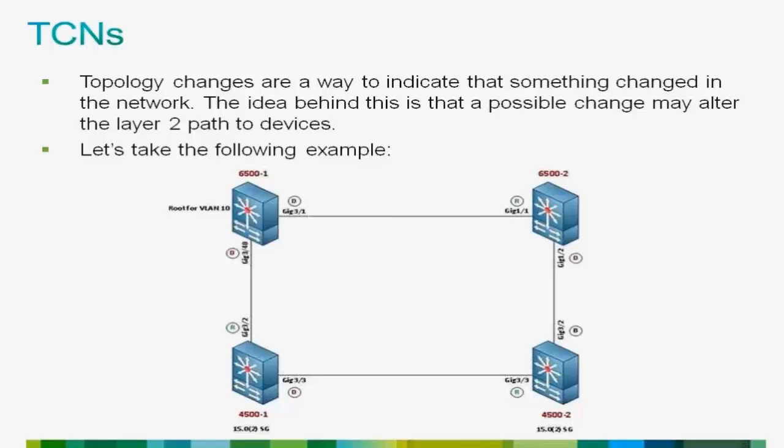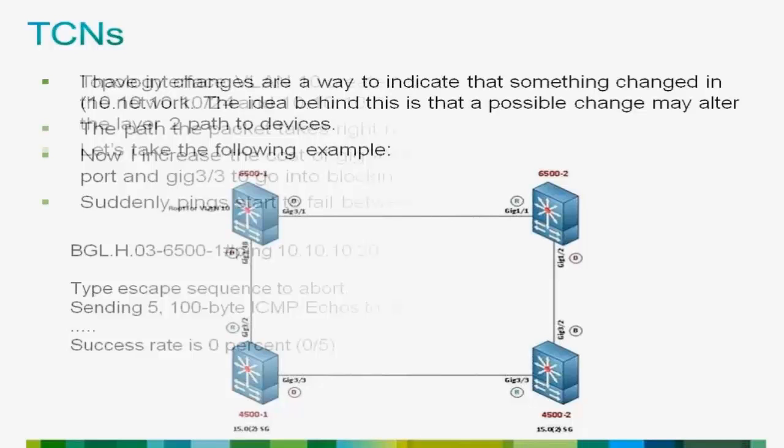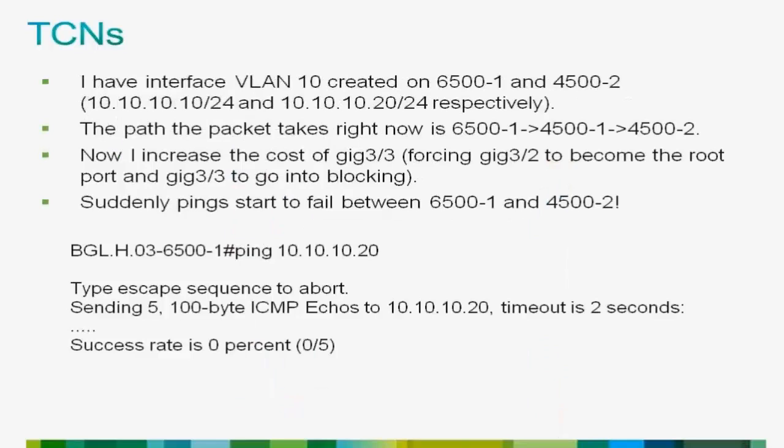So the customer did this, and what we saw was when we're pinging between the SVIs, our pings suddenly stop working. And this goes on for roughly about 5 minutes, and the ping starts working again, right?